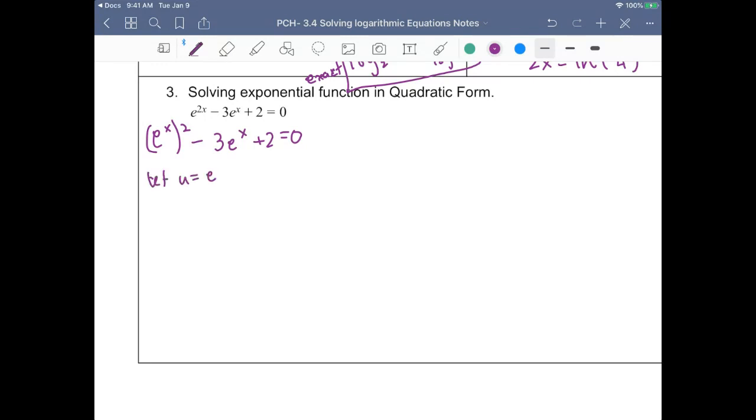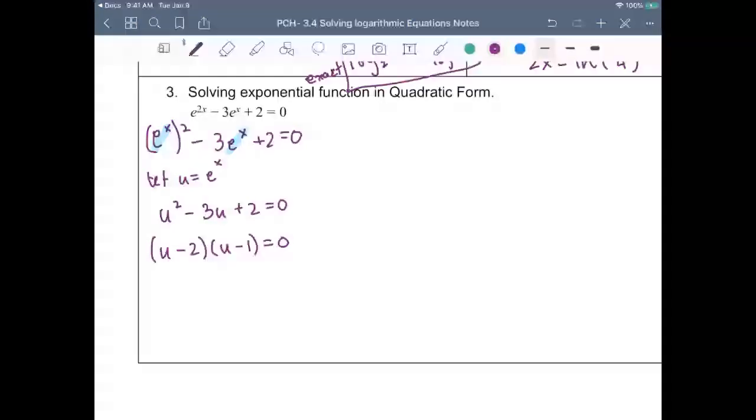So I'm going to let u equal e to the x. You need to write that if you replace a variable, okay? So I get u squared minus 3 times u plus 2 is equal to 0. Anywhere there's an e to the x, I'm replacing it with a u. Next, we're going to factor. I get u minus 2 times u minus 1 is equal to 0.